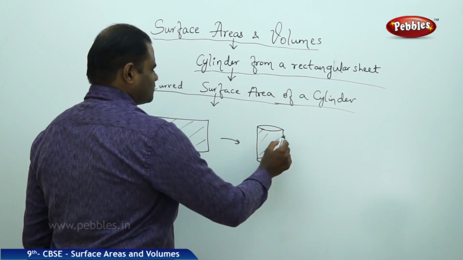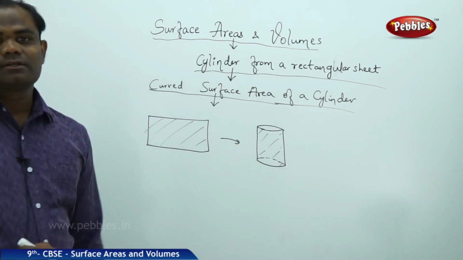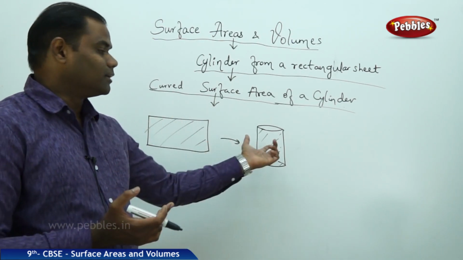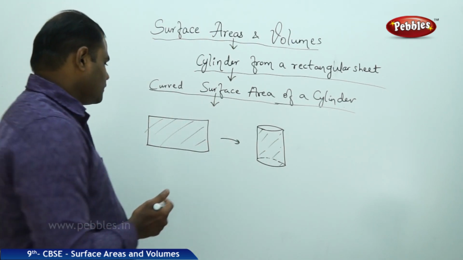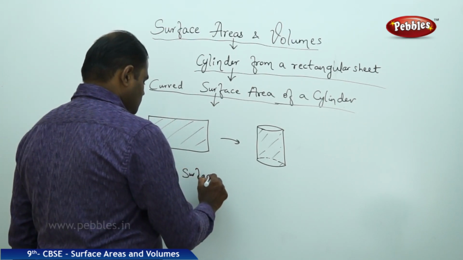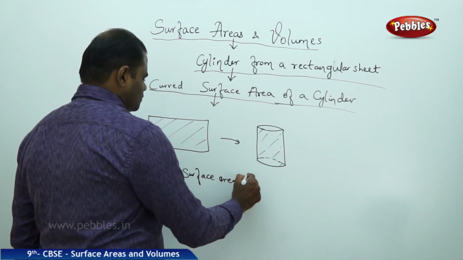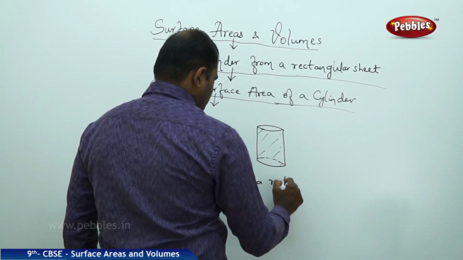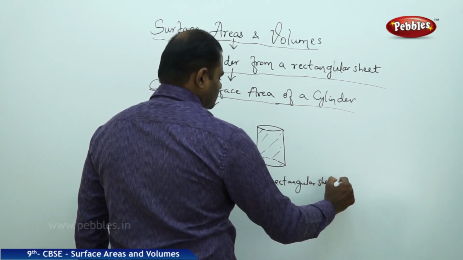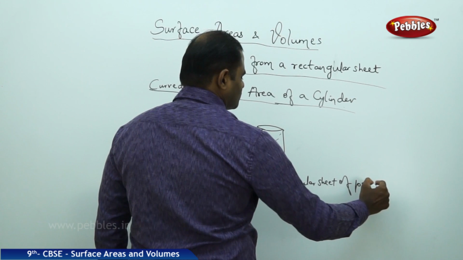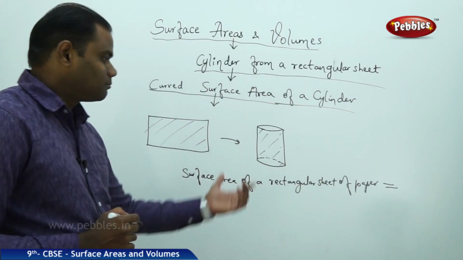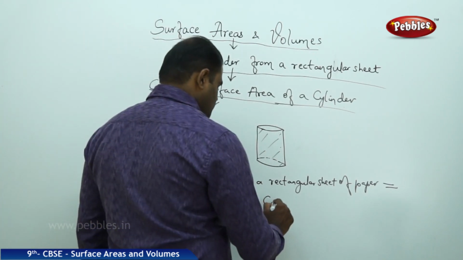That is how we understand the same sheet of paper occupying the same surface area when it forms a cylinder. So here we identify that the surface area of a rectangular sheet of paper is equal to the curved surface area of a cylinder.